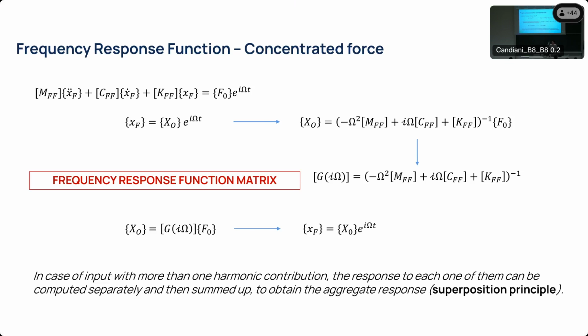So each of the terms inside that matrix has a modulus and a phase. So they are not just real quantities. They can have a relative modulus and a relative phase, and are multiplied by the input force, and they will give us as an output the relative amplitude and the relative phase between our input force and the displacement of the various degrees of freedom.